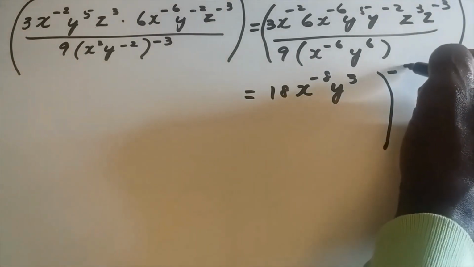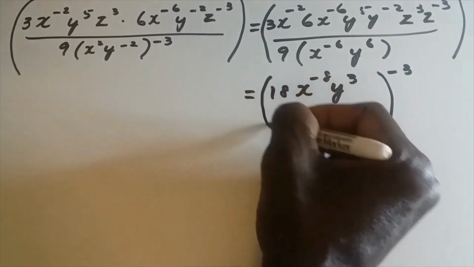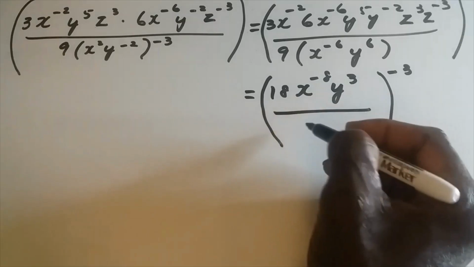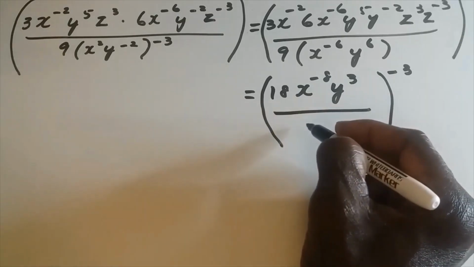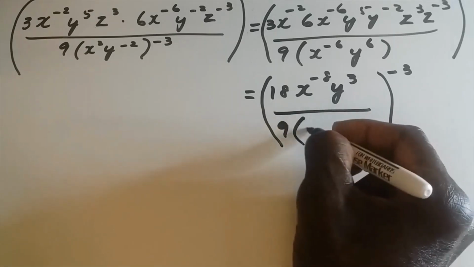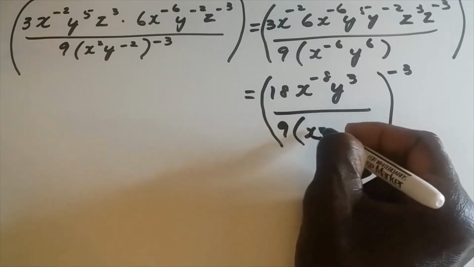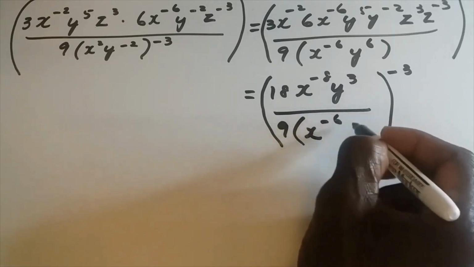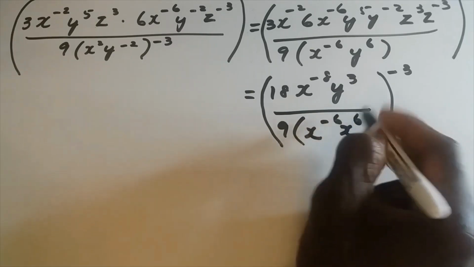Remember, all this is raised to negative 3 power, and in the denominator we have 9 brackets x to the minus 6, x to the 6th, y to the 6th.